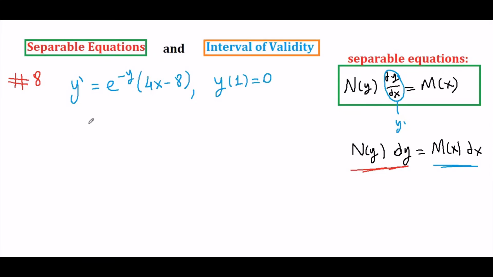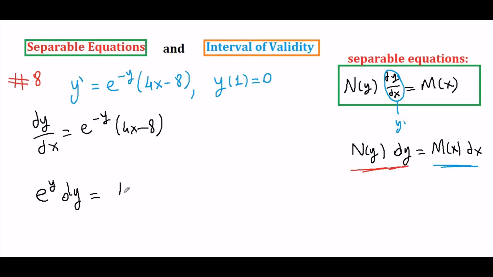Example 8. Again, our first step is to convert y prime into dy dx. And then we're going to multiply by dx and divide by e to the negative y simultaneously. So we obtain e to the y dy equals 4x minus 8 dx.